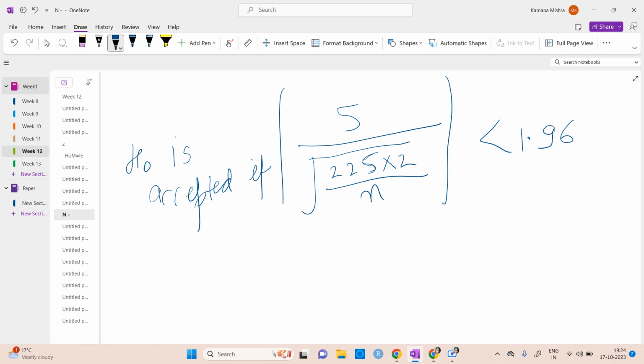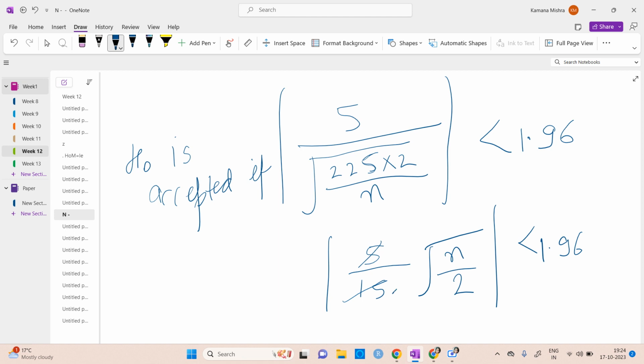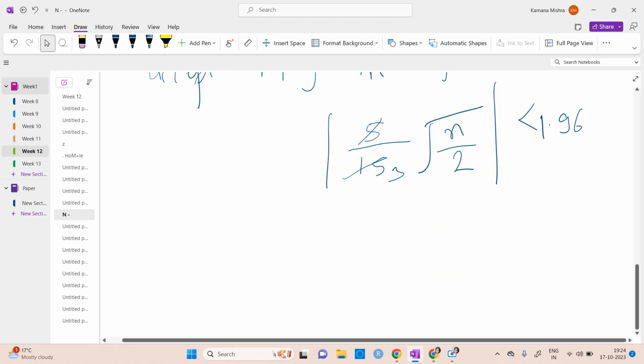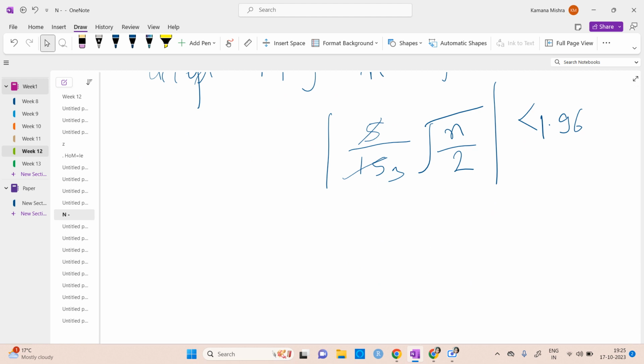You can now solve it. So 50 minus 45 is 5. Under the root, 450 by n is 15 by root n over 2 times... so 5 over 15 root n by 2 less than 1.96. So this is 3, right? Now you can see all the values are positive, so we can just remove the modulus.